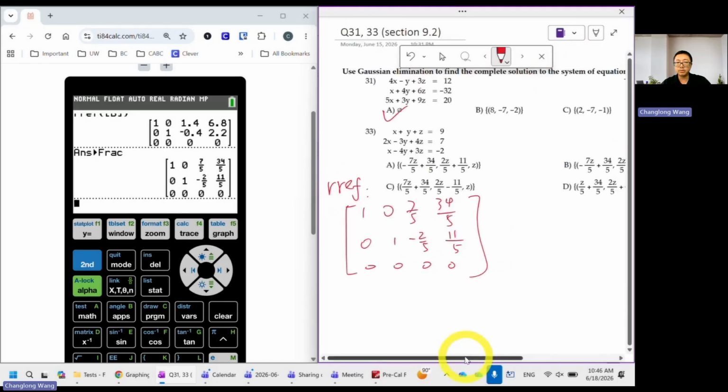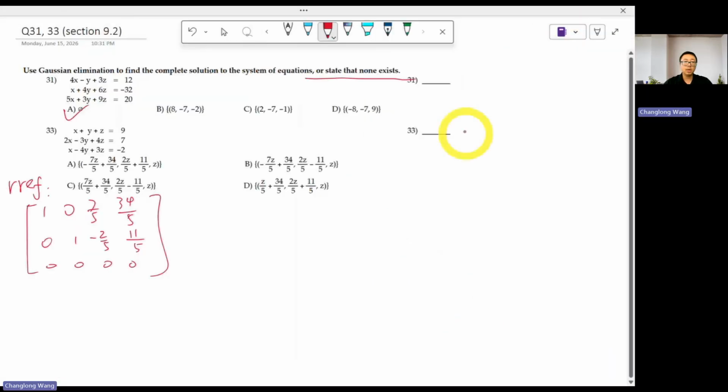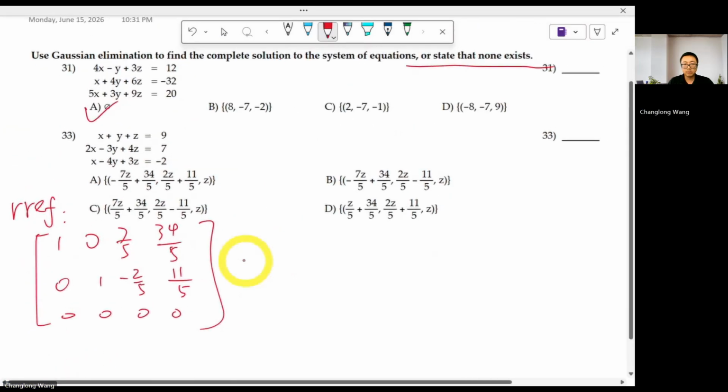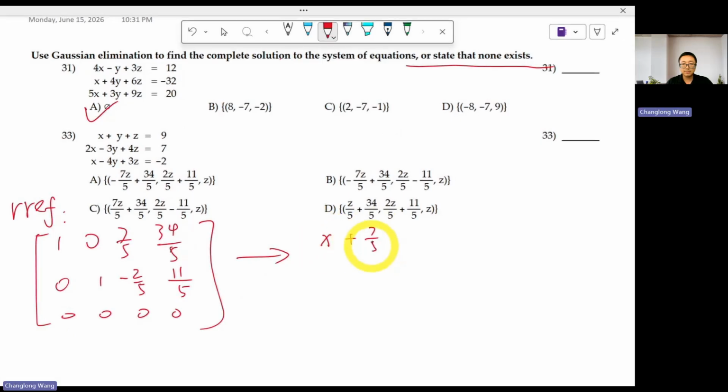So we translate that into equations. x plus 7/5 z, remember that the y term is missing, equals 34 over 5. And then you have y minus 2/5 z equals 11 over 5, right?